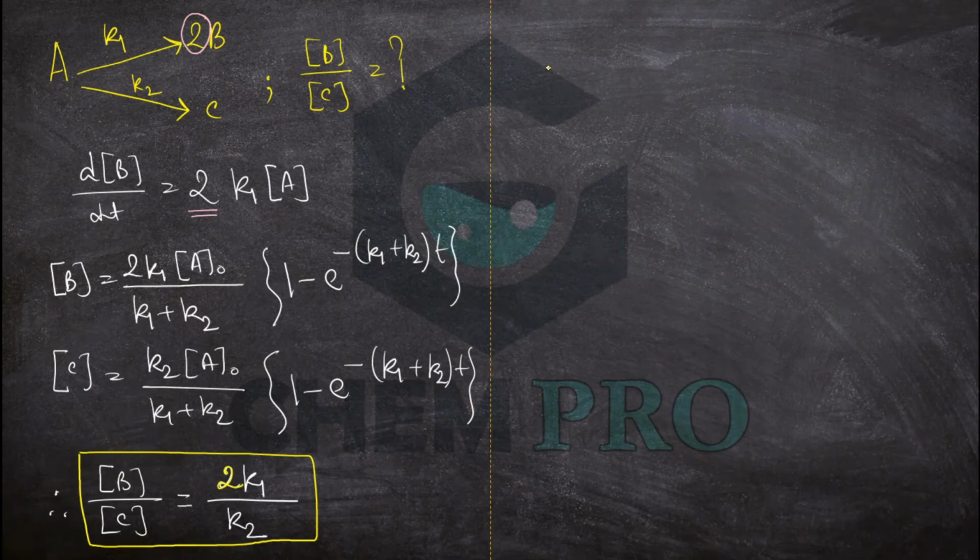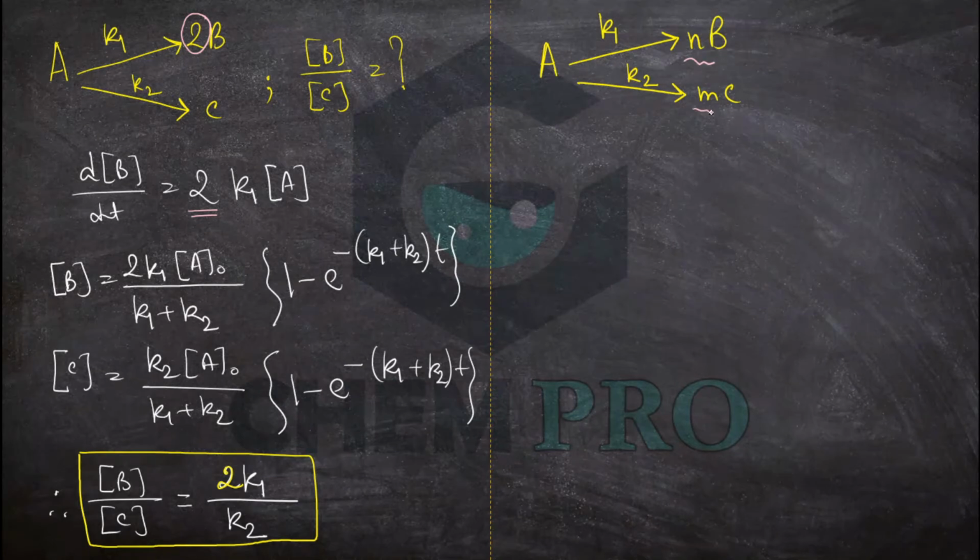Now if the reaction is given like this, that is A to nB and A to mC, and the reaction constants are K1 and K2, what would be the concentration of B and the concentration of C? Like this, we have to include the coefficients, that is m and n, in the formula.